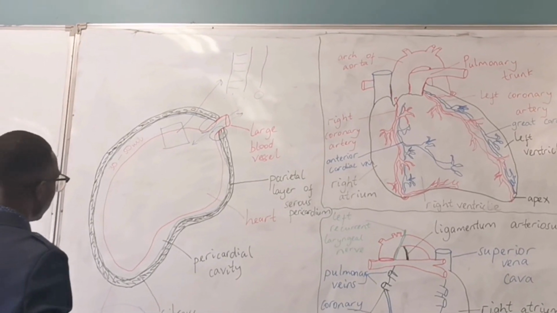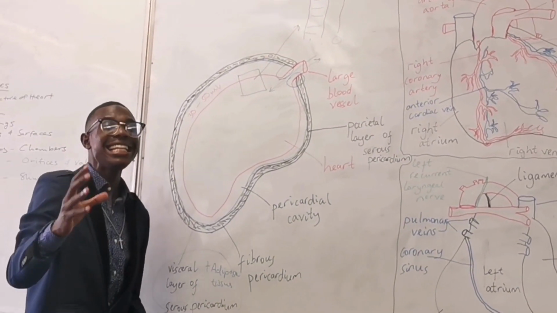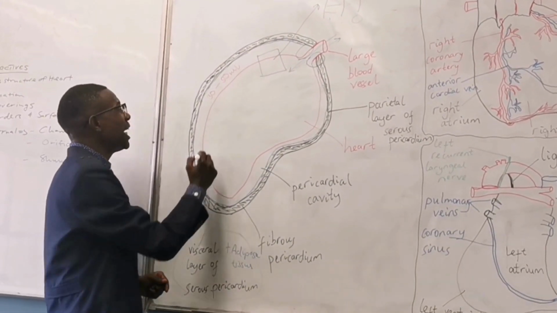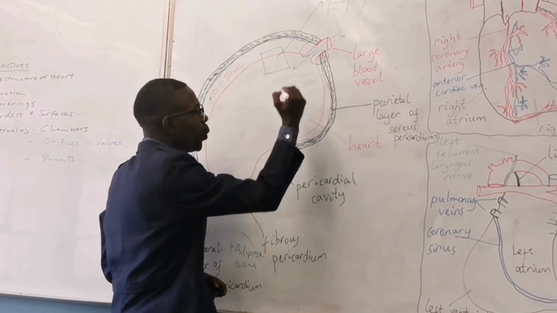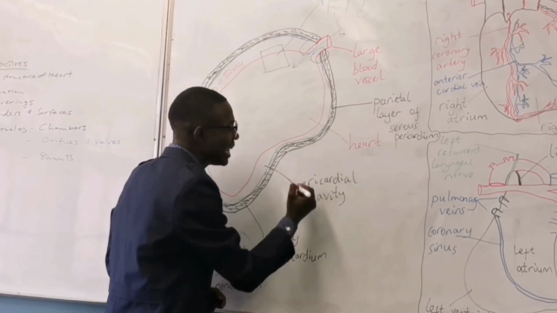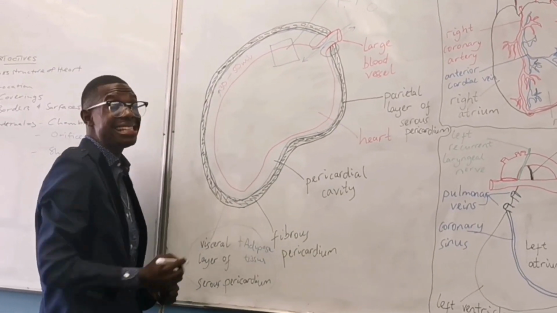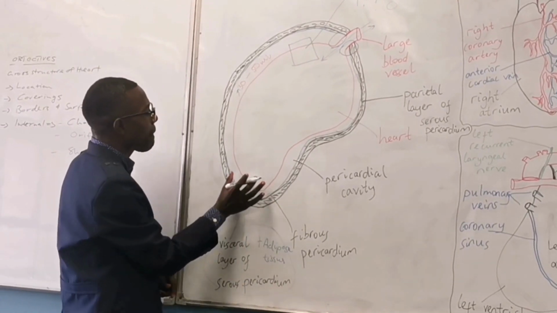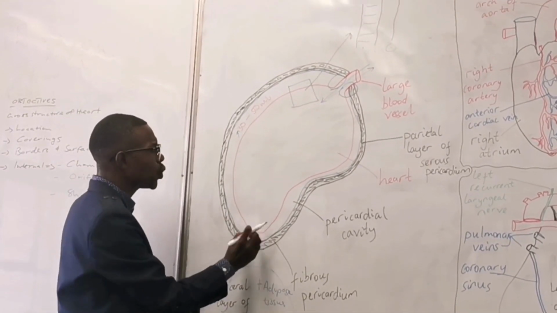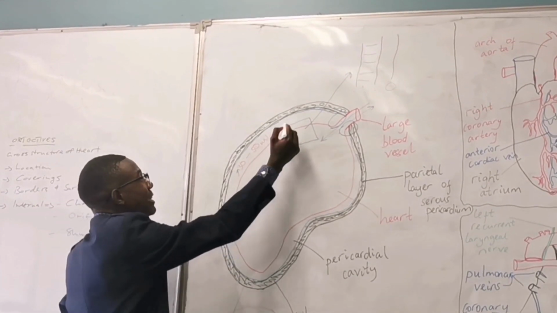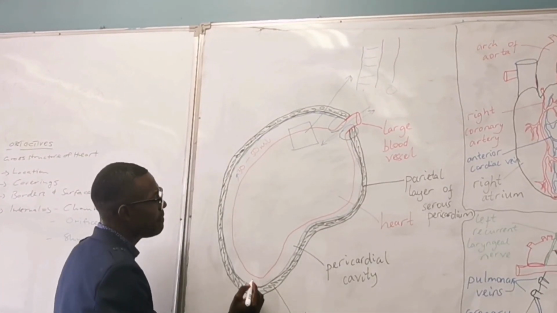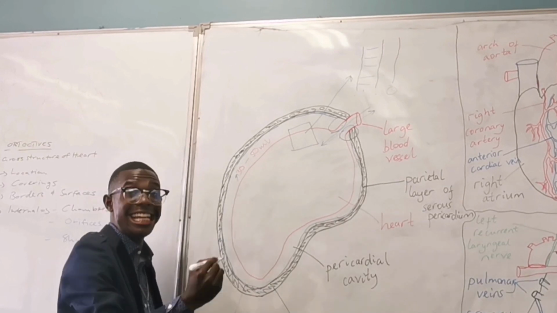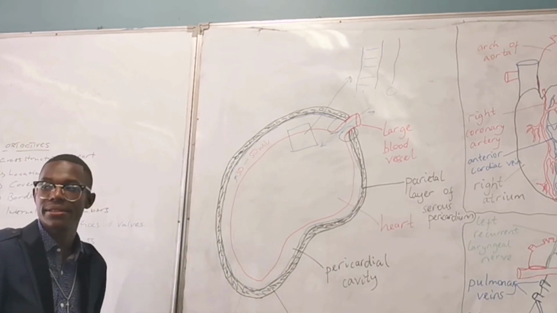This is very important because clinically, if we increase the serous fluid surrounding the pericardial cavity, we are going to have certain defects. Remember, for the heart to contract well, it must have minimum resistance from the serous fluid.